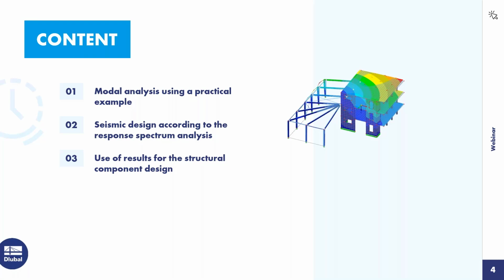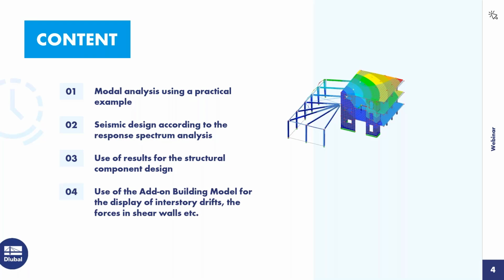Then he will show how you can use the results for the structural component design, and he will apply the add-on Building Model. For example, the shear walls, the forces in shear walls. Okay, then I hand over the screen to Stefan and he can start with the live presentation.